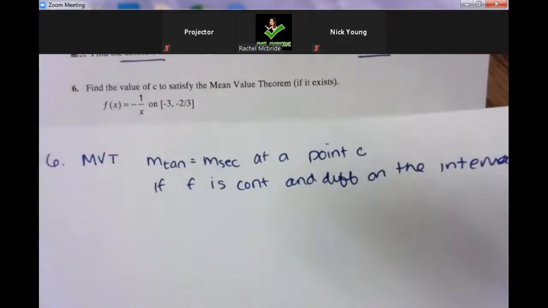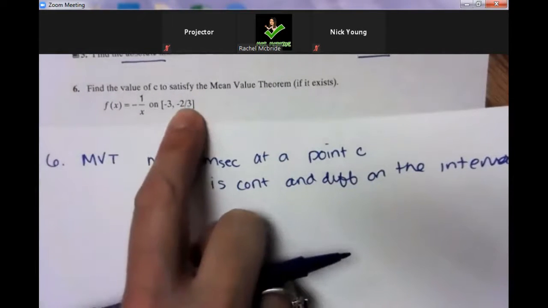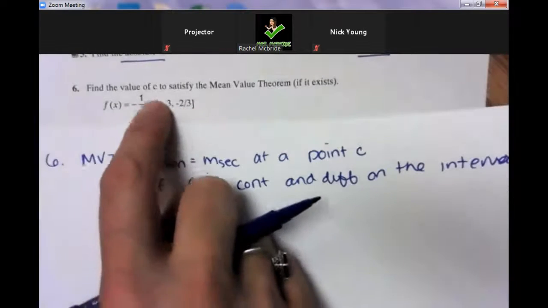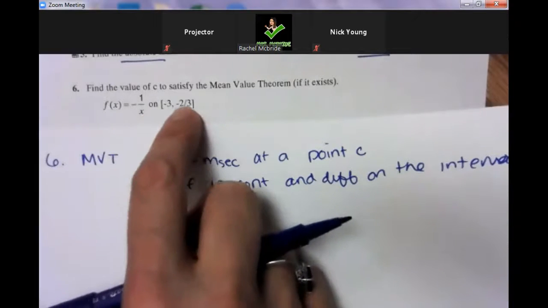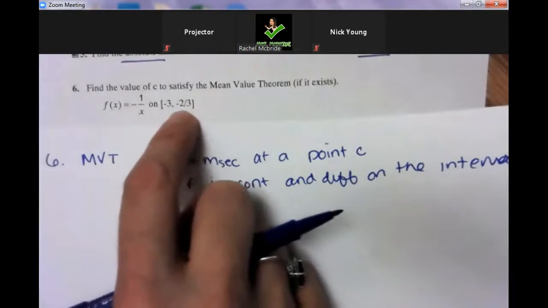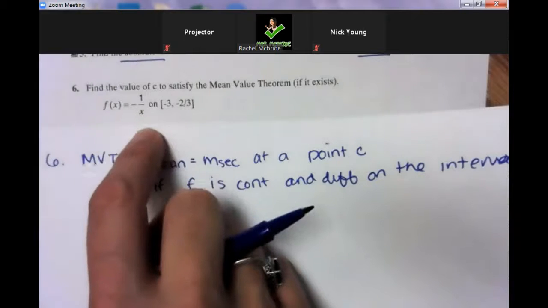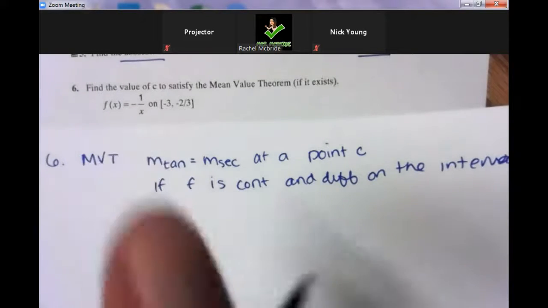So we're given the interval -3 to -2/3. The only condition on this graph that doesn't exist is 0. 0 isn't included in my interval, therefore it's continuous and differentiable.